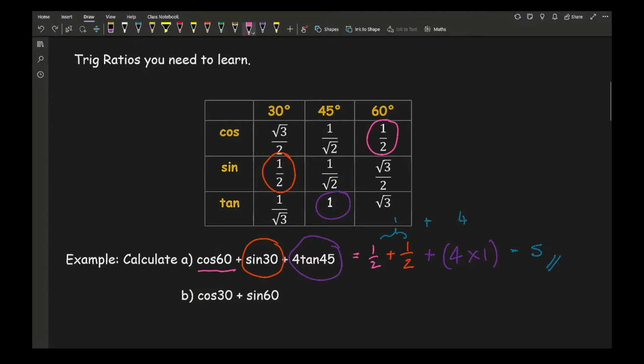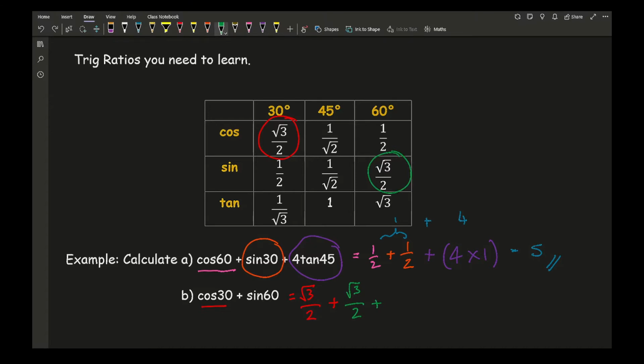Here I've got cos 30, which is root 3 over 2, plus sine 60, which is another root 3 over 2.